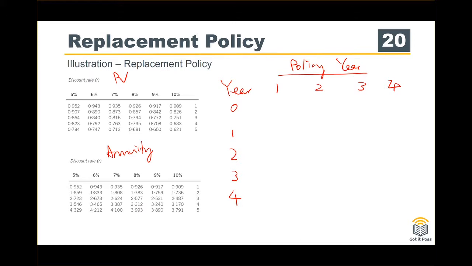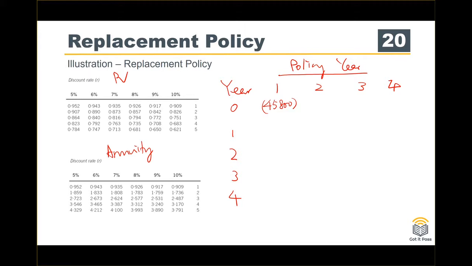For example, if you choose the 1-year policy, in year 0 the cash outflow is 45,800, and then after the first year, you sell the machine, right?